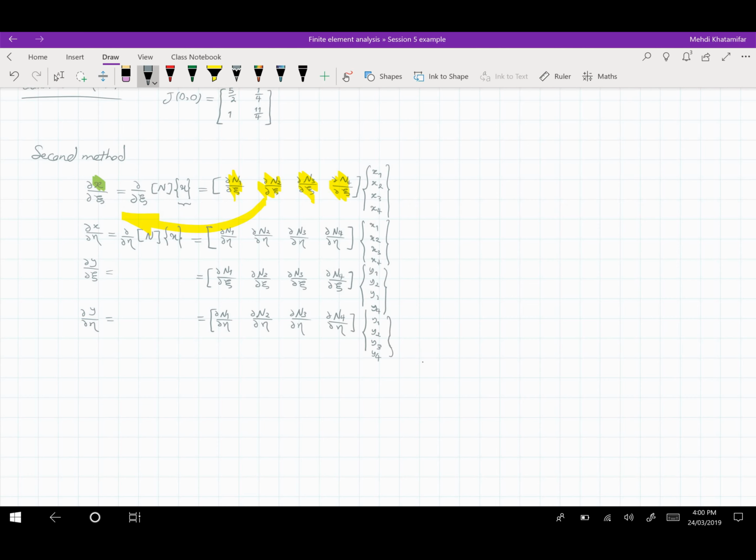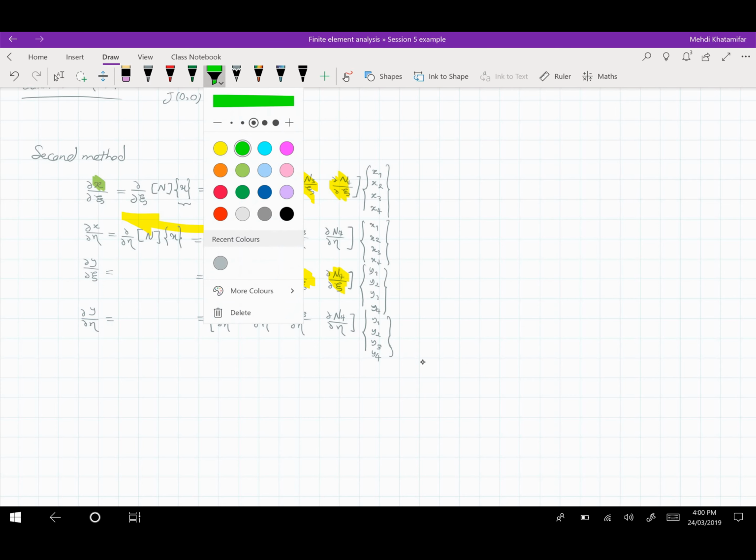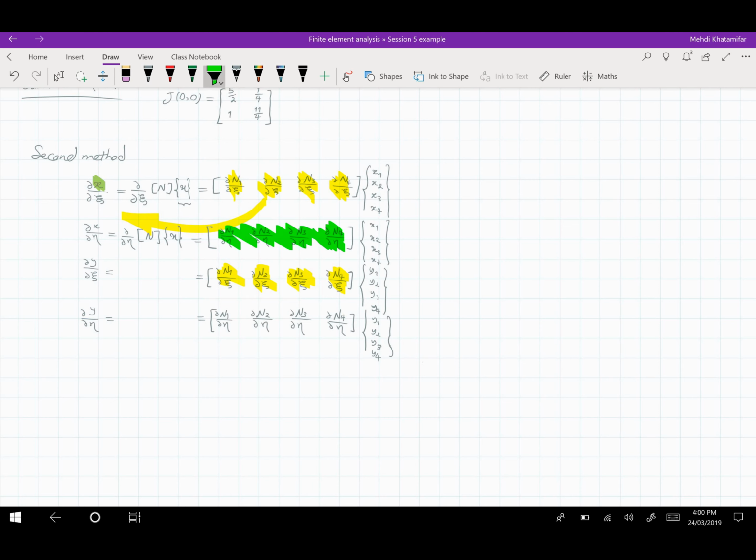Okay, let's see. The yellow matrix is exactly the same for y here, and the green one here is exactly the same as here. So I need to just find the derivative of n over eta once and then plug in these numbers. Let me make sure we know what x1, x2, and x3 are. Where are they?